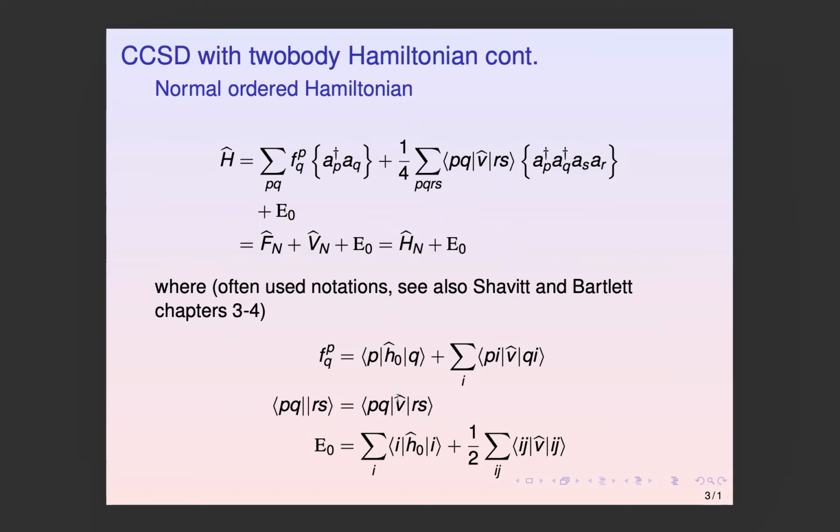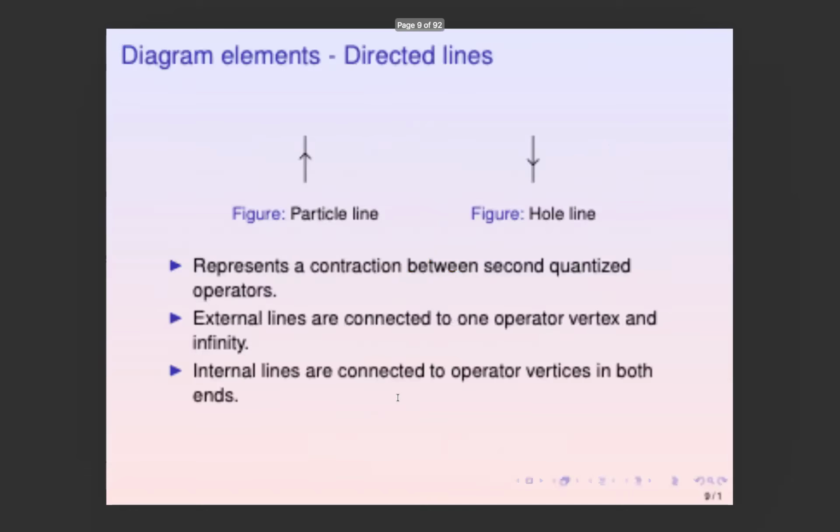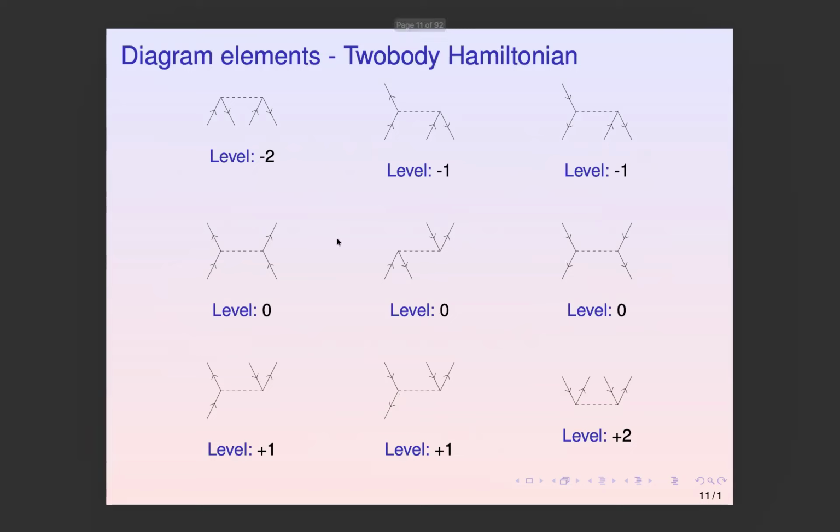When you draw the diagrams, you just leave out one of them. So here we just draw this one without the exchange term. And similarly here, this has an exchange term where you have one particle coming in and one out, and one hole coming in here and one hole going out there, which is not drawn here.